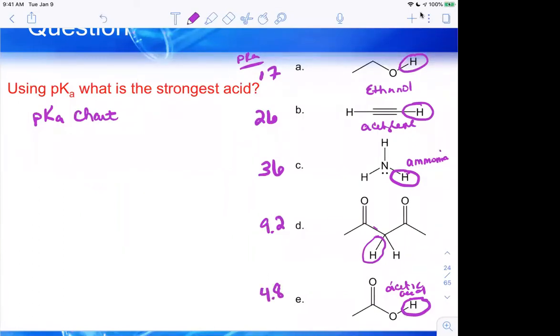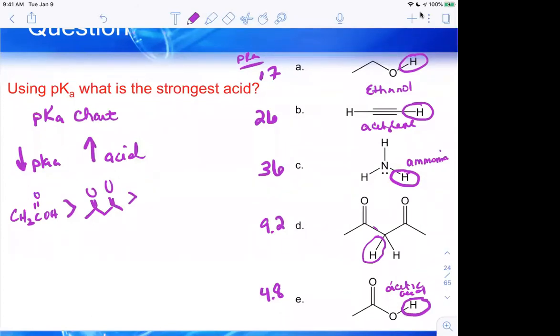Well, remember, the lower the pKa, the stronger the acid. So I'm going to just look at acetic acid as the strongest acid on this chart. And then I have my dicarbonyl compound. And then I have my ethanol.